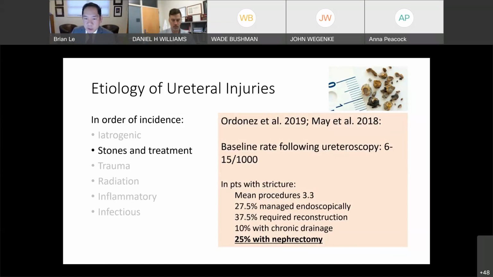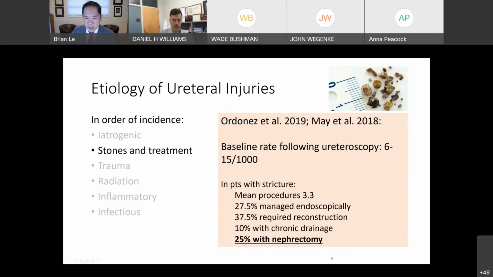So, stones and treatment. One of the most common stone procedures that we do as a specialty is ureteroscopy. Just by the sheer volume of ureteroscopic procedures, there is a small but not insignificant risk of injury to the ureter that may ultimately lead to stricture disease.